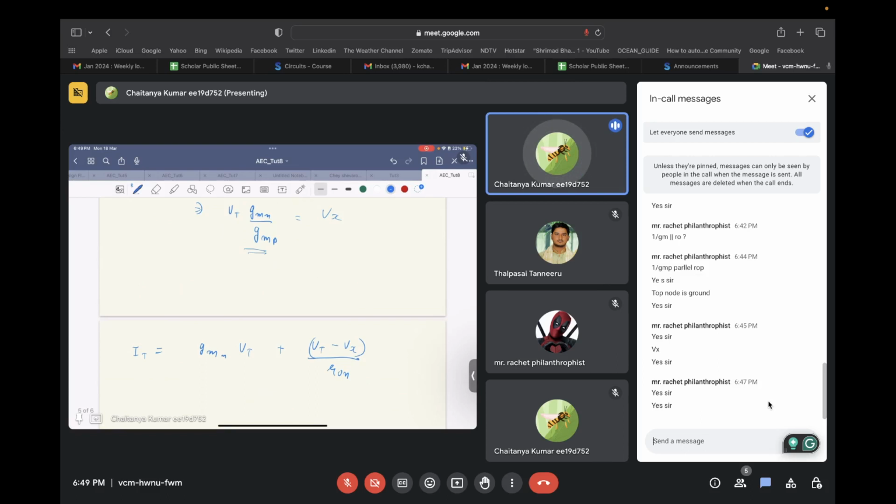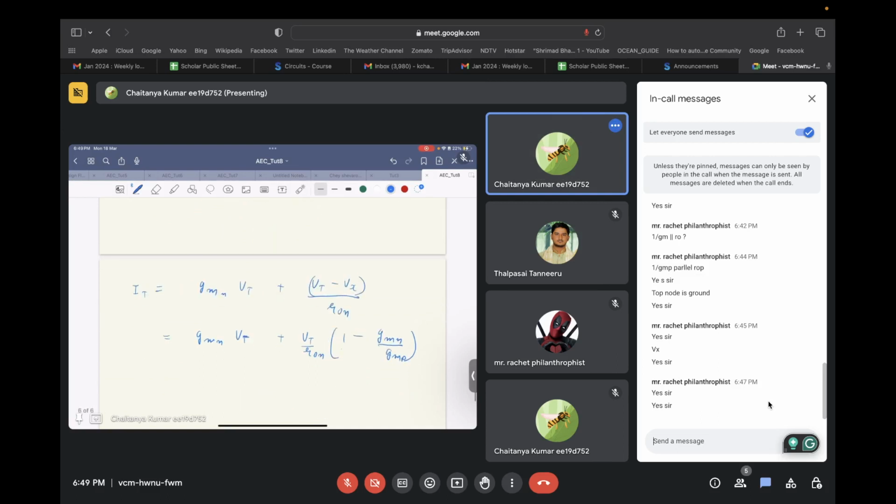So we substitute the value of Vx from there. So Gmn times Vt plus Vt by Ron into 1 minus Gmn divided by Gmp. So this is basically equal to Gmn plus 1 by Ron divided by 1 minus Gmn divided by Gmp, correct?